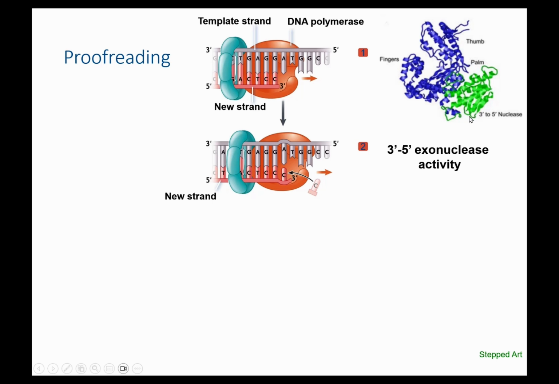And over here you can see this particular domain that it has. So enzymes, or proteins, can have different domains, and the different domains have different functions. When it moves backwards, it does so by using its 3' to 5' exonuclease activity. Exo means that it's at the end, not in the middle of the DNA sequence, somewhere in the end.